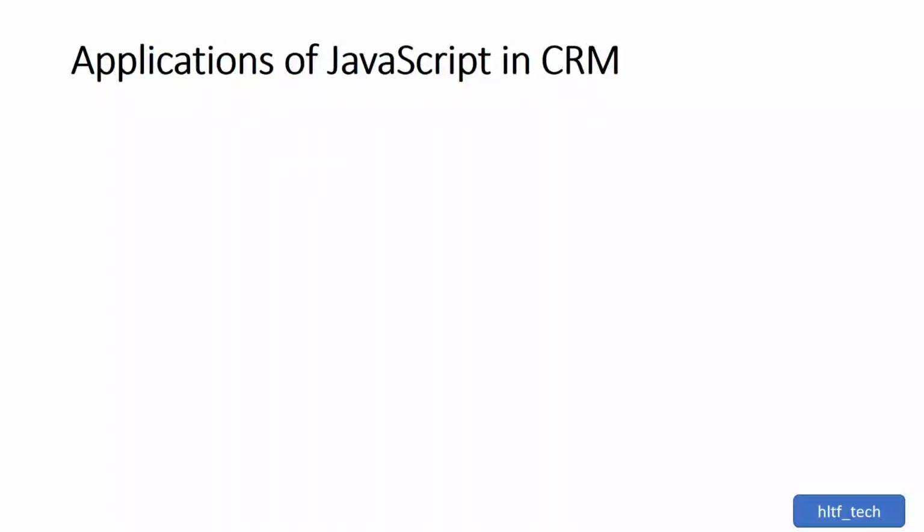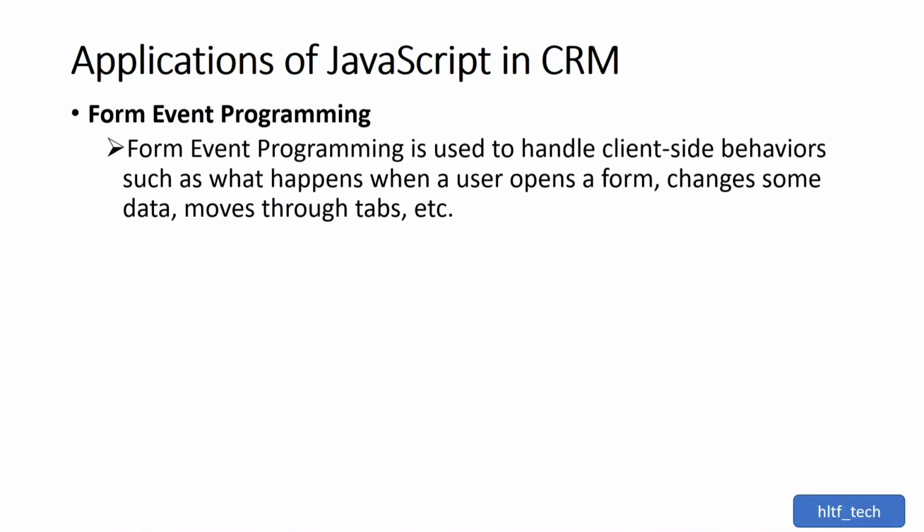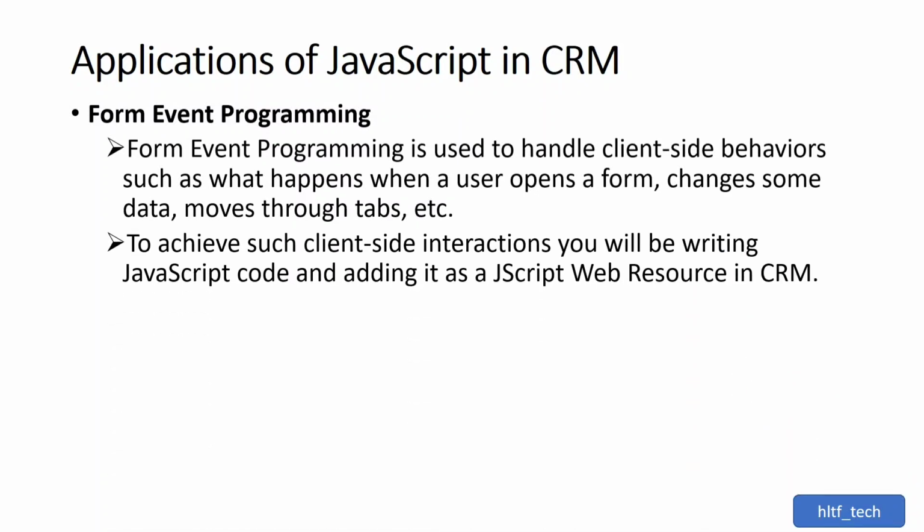First of all, the application of JavaScript in CRM. Form event programming. It means that it is used to handle any client-side behavior, such as what happens when a user opens a form, changes some data, or moves through tabs, etc. So in client-side handling of any event, JavaScript can be used for form event programming.